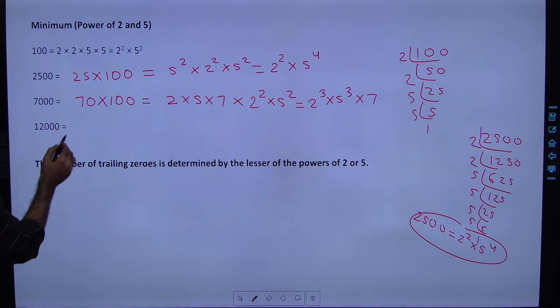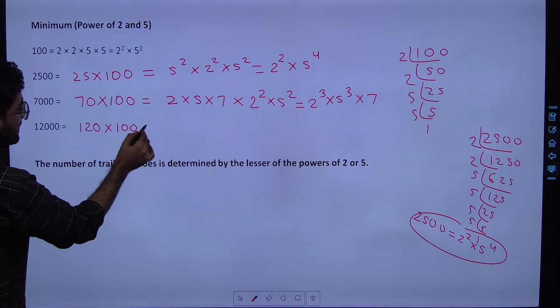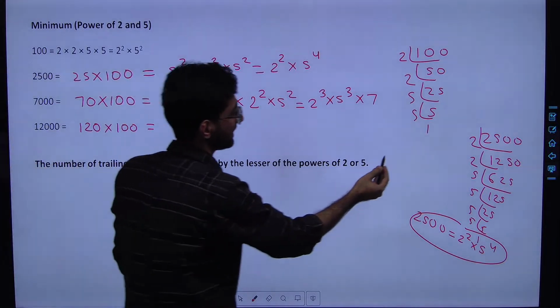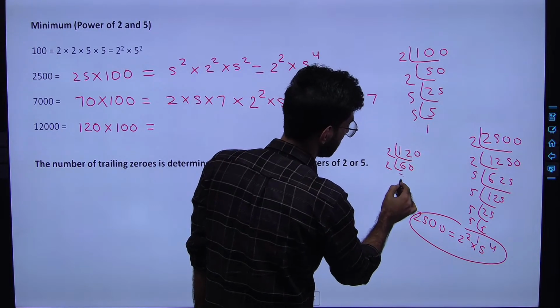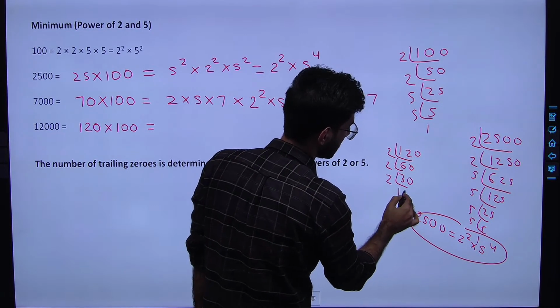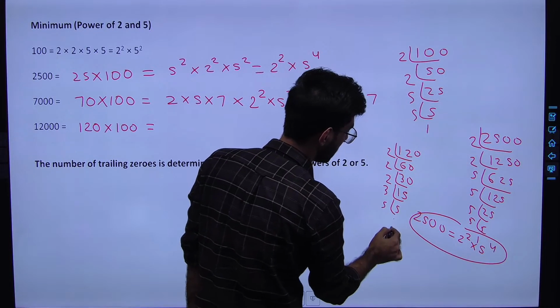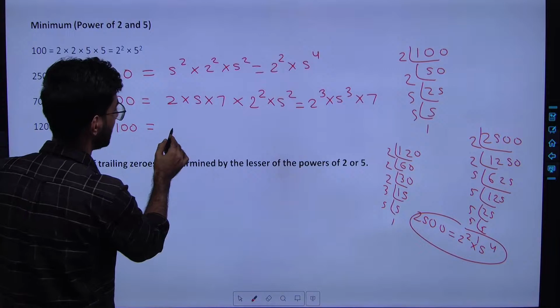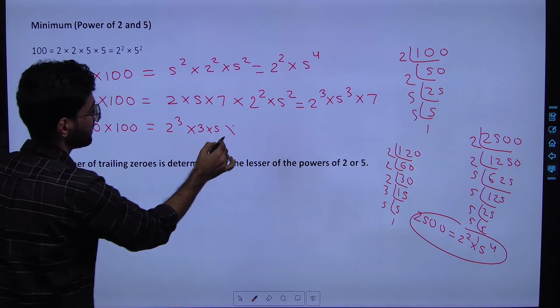So 12,000, can we write it as 120 into 100? So let us prime factorize 120. 2 into 60, 2 into 30, then 2 into 15, 3 into 5. So basically we can write 120 as 2 cube into 3 into 5, right?